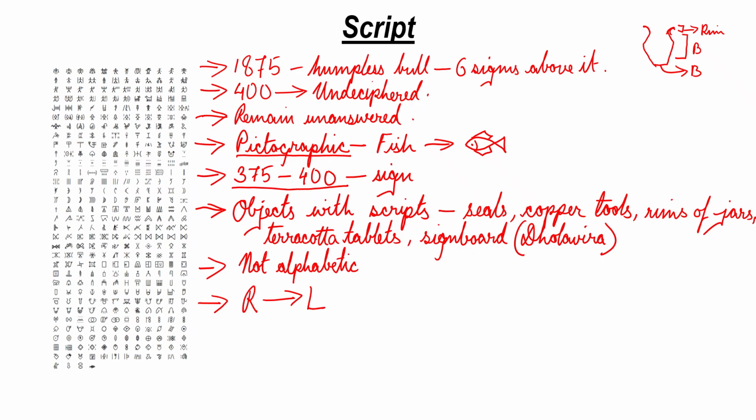But the thing is, they used the Boustrophedon format, meaning in the first line they will start from right to left, then in the next line from left to right, again right to left, again left to right. So this was called Boustrophedon. The spelling is probably correct, but still, you need to verify it once. Don't be sure on me in this aspect.